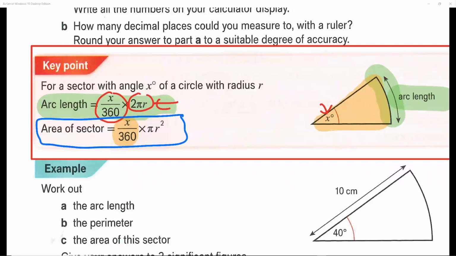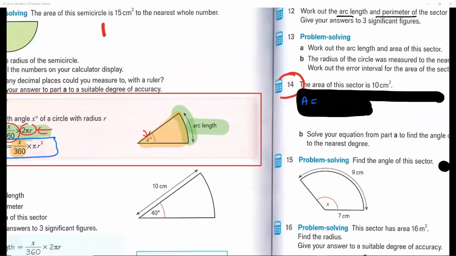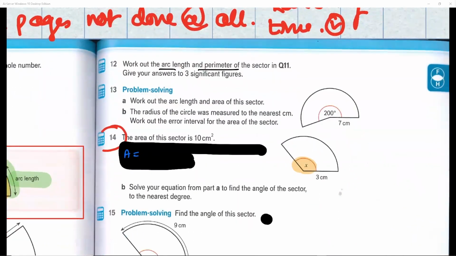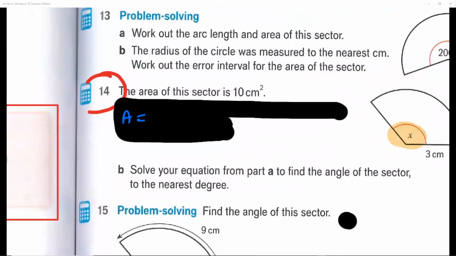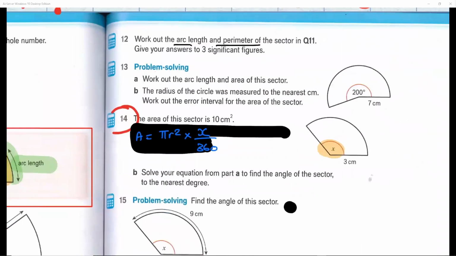X over 360 times pi r squared. Yeah, so you need to pay attention. We've just done the question and I'm asking you and you've stalled. Pi r squared is the area, and then we multiply it by the angle that we have, that fraction of a circle. So that's the formula that we're using.